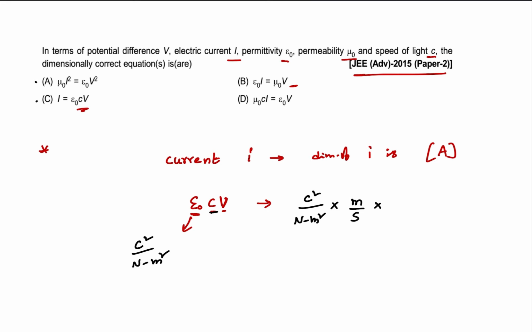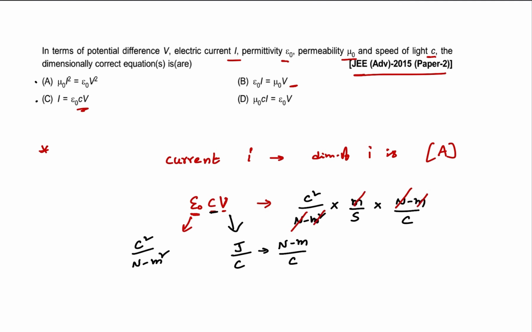Speed of light I can write as meter by second. And the unit of potential is work done by charge, that is joule, and joule is nothing but Newton meter divided by Coulomb.